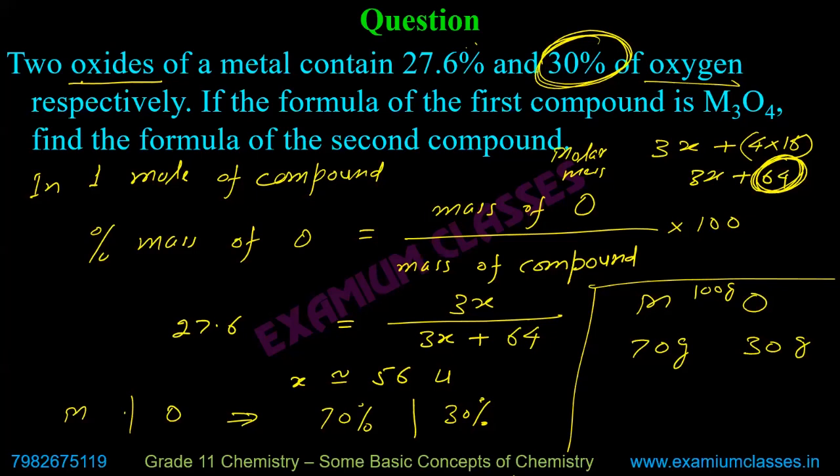all the formulas are nothing but molar ratios of atomic masses. For example, if I say CH4, it means I have one atom of carbon and four atoms of hydrogen in one molecule of methane.